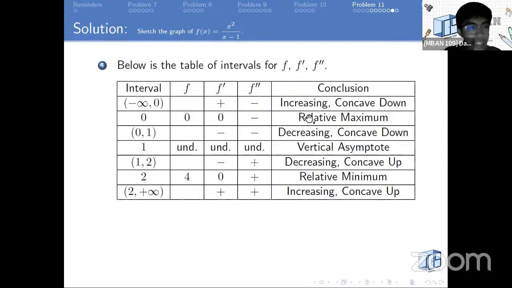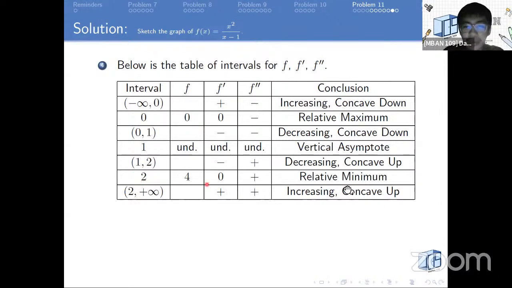Ngayon, dahil wala tayong kaninang na-determine na possible points of inflection, therefore wala dito sa tatlong critical points natin na point of inflection. Kasi kung mapapansin mo, ito concave down, so therefore hindi siya point of inflection.